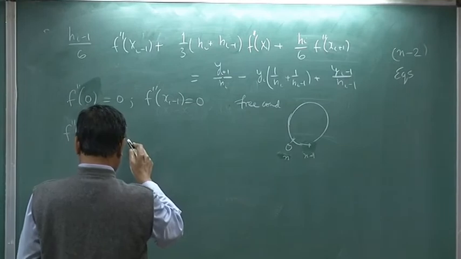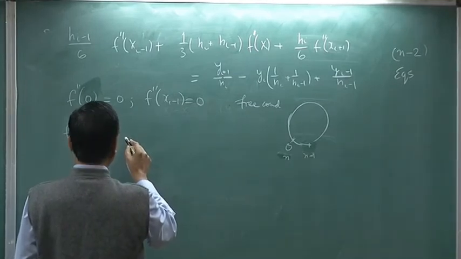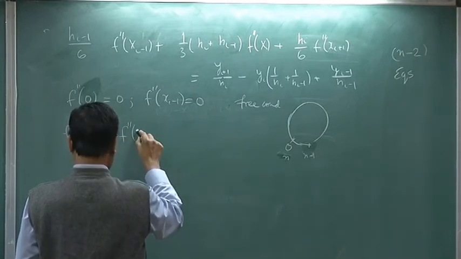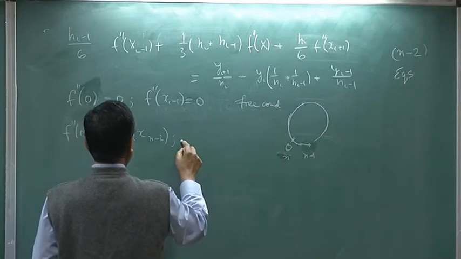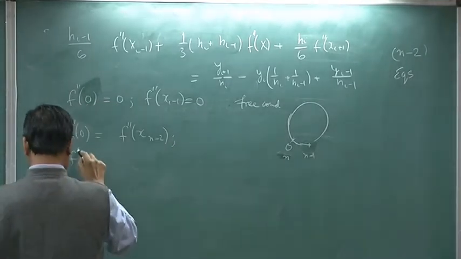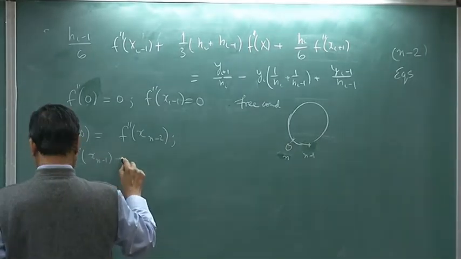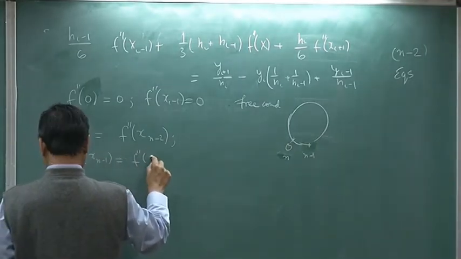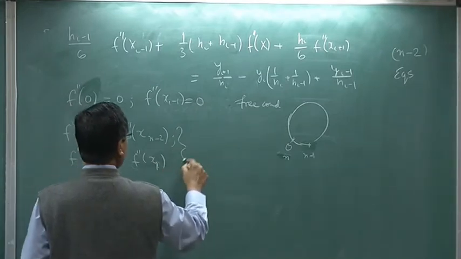So the double derivative for the periodic boundary condition is that a double prime at the first point and a double prime at the last point are periodic.